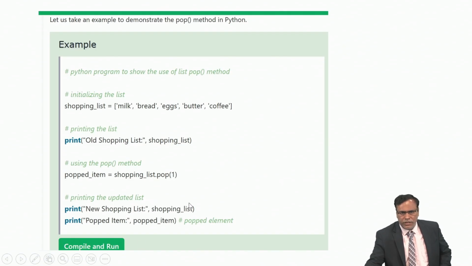So here we have printed that new list, and also the popped item, and I collected that popped item into the variable popped_item. So if you want the removed item collected into some variable, we can print it using that variable name.